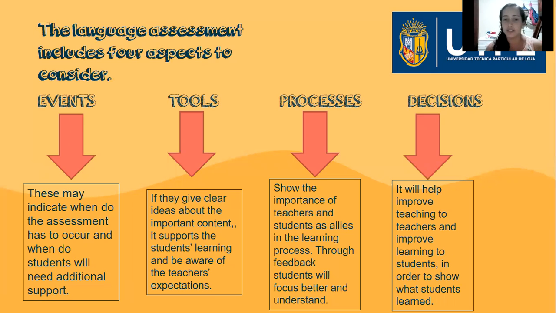The processes show the importance of teachers and students as allies in the learning process. As I told you before, this is a process, and we have to respect the process, because if we don't respect the process, then students won't feel comfortable with us.